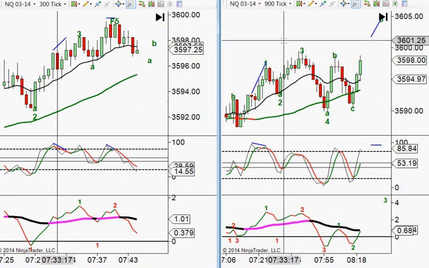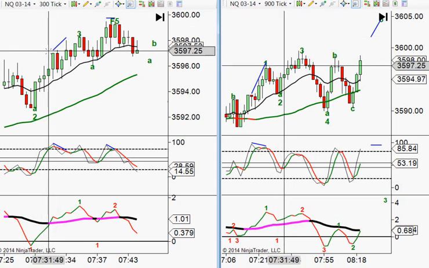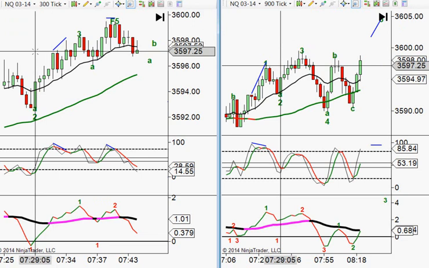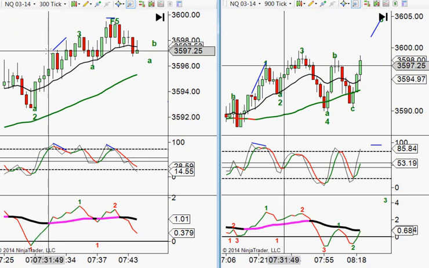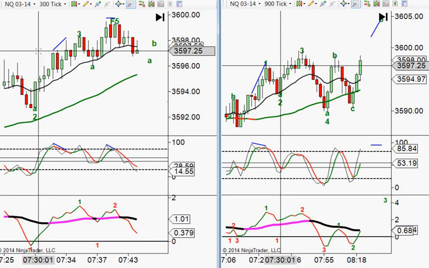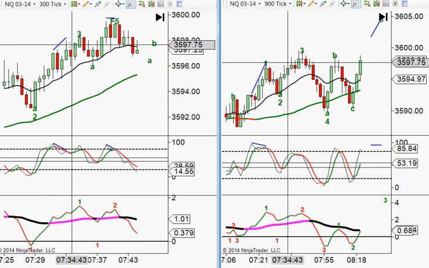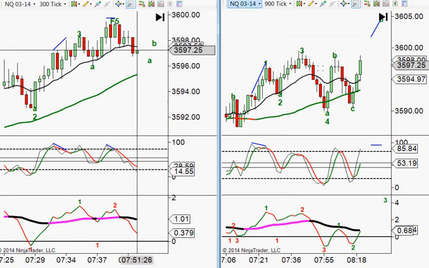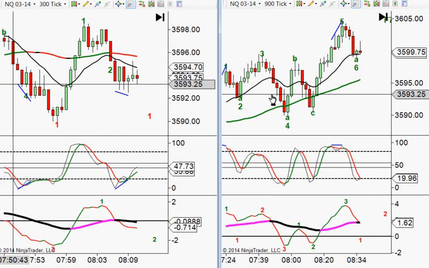But the problem is we don't have K going down to 20, so therefore even though the setup is there, by the time you actually get your trigger and everything's looking good, everything's too late. Timing doesn't line up. All right, so we'll pass on that one.